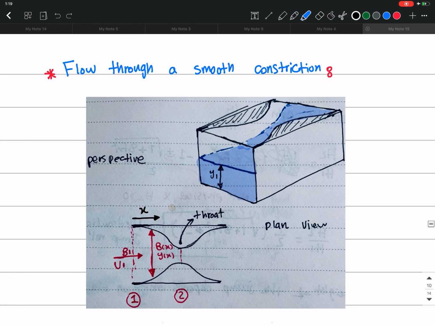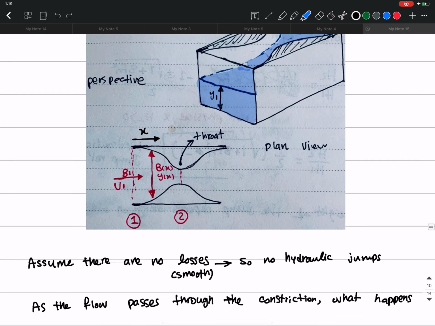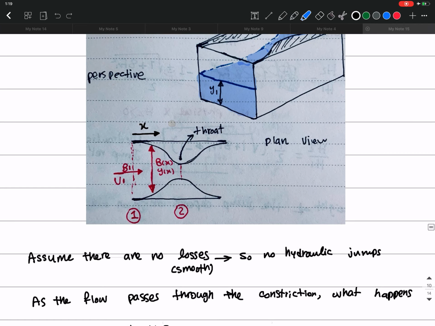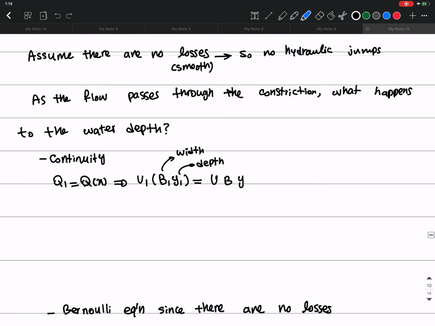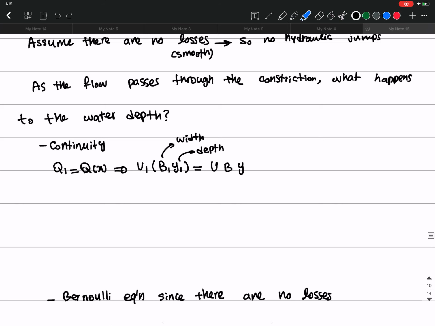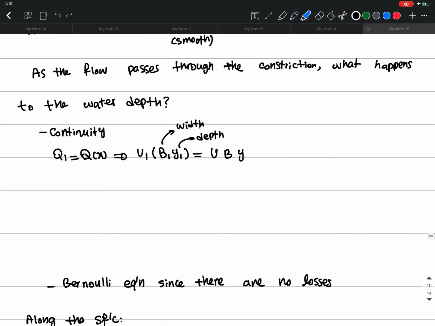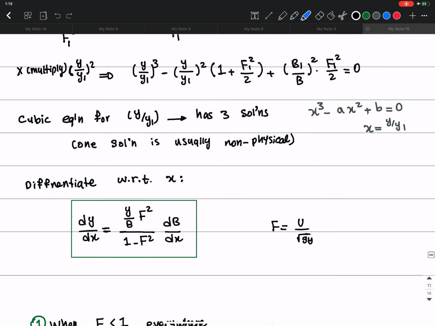Then in the second part, we talked about the flow through a smooth constriction, where we are changing the width of the channel. In the previous cases, the width of the channel was constant, but here we are changing it. We wanted to see what happens to the depth of the flow as it passes through this constriction. We assumed no energy loss, so we could use the Bernoulli equation along with the continuity equation, and this is the final equation we got.